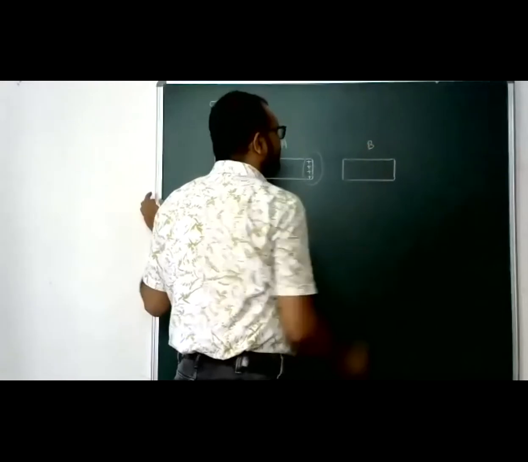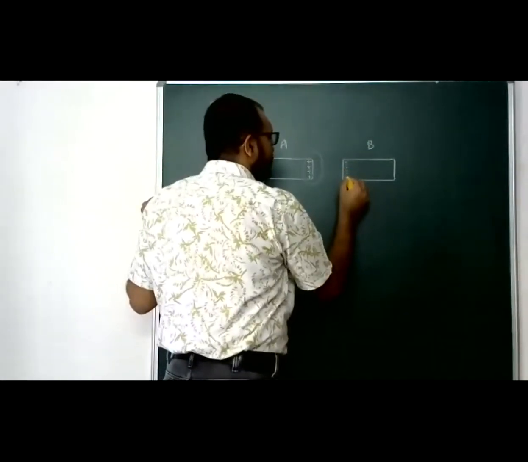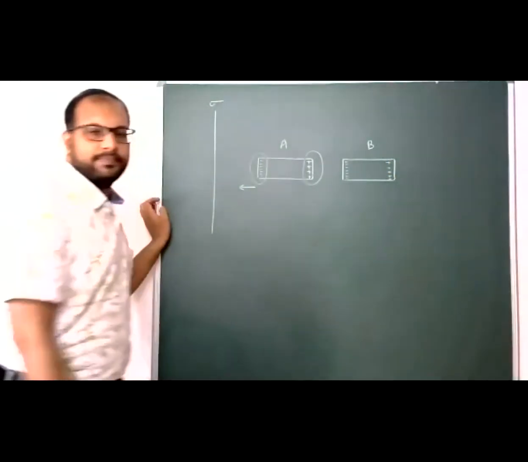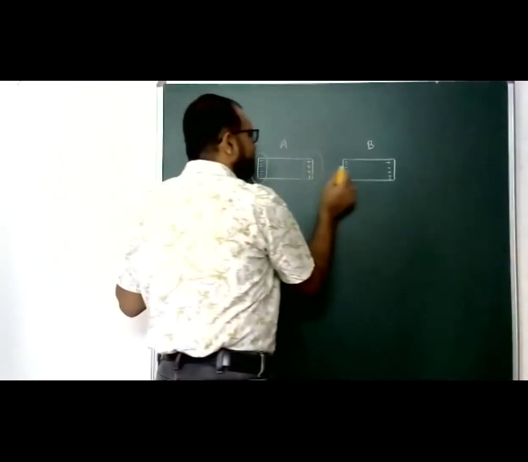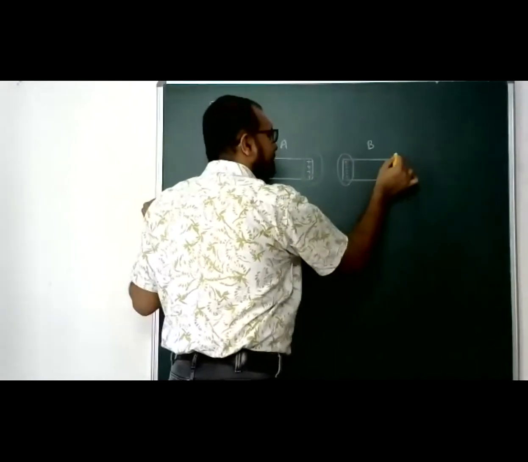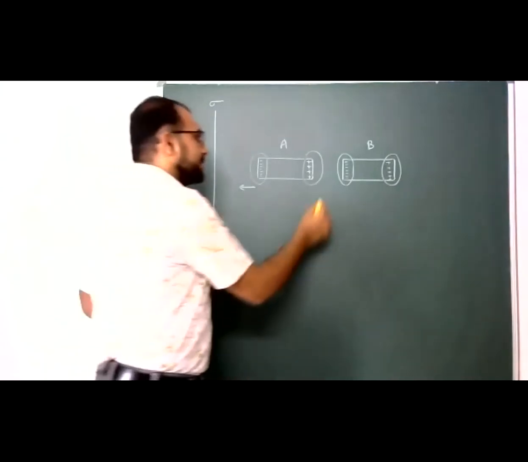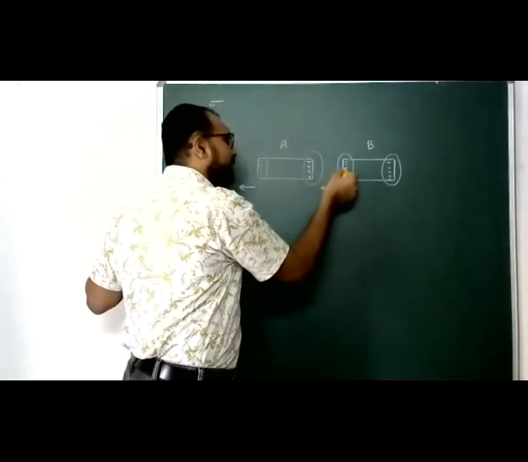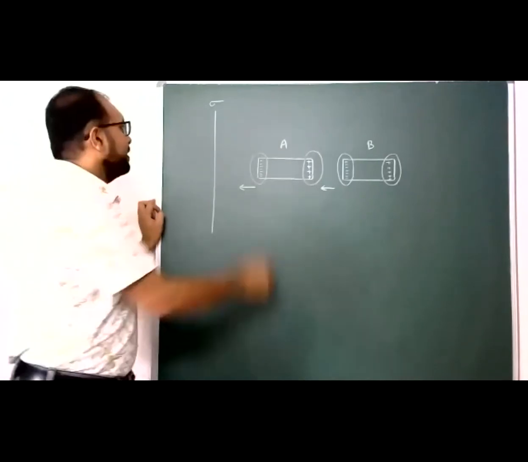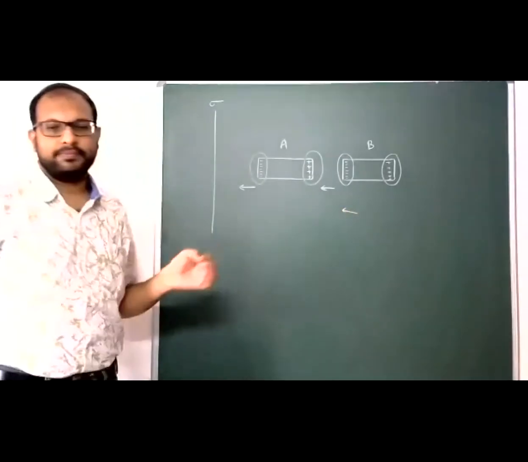Suppose this is B. Same concept here, negative charge resided, here positive charge resided. Again, between this positive and this negative attraction, positive repulsion, but attraction dominates. That's why there is attraction between B and A. Not only B and A, between sheet and B also attraction is there.